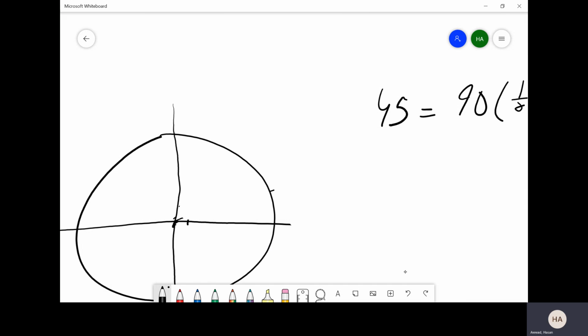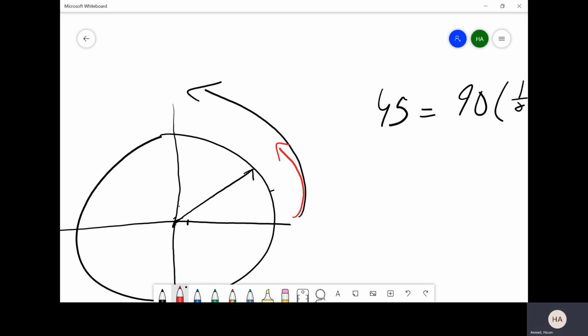So if I know 90 degrees is the right angle, then I'm going halfway to 90. So that means I'm going just up to halfway of what I normally would, right? So halfway would be just about here.